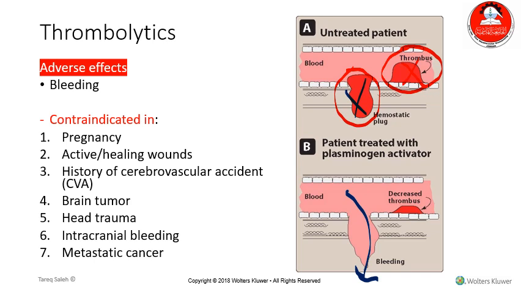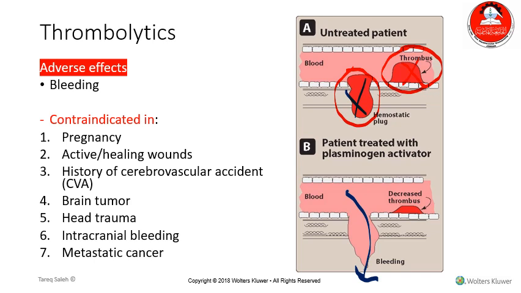And that is why these drugs are contraindicated in several medical conditions where bleeding is a very critical problem. Those include pregnancy, because these drugs can result in bleeding in utero. Patients with active or healing major wounds are also at risk of bleeding if they receive thrombolytics.